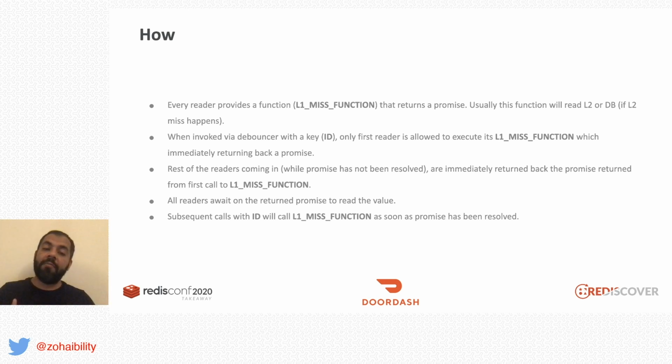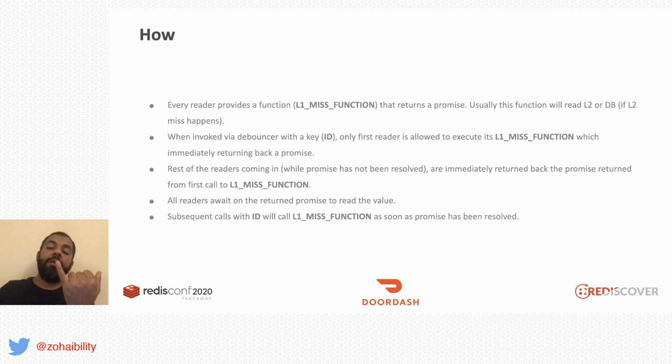And all readers then wait on these promises to say, whenever the promise is satisfied, I'm just going to make progress in my code. Subsequent calls to the ID will call the L1 miss function as soon as the promise has been resolved. So the promise only lives during the duration of it being fulfilled or rejected.